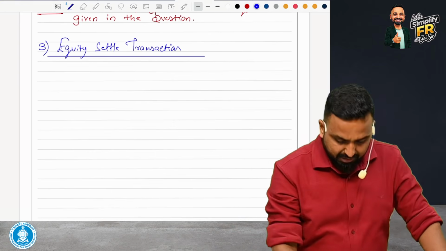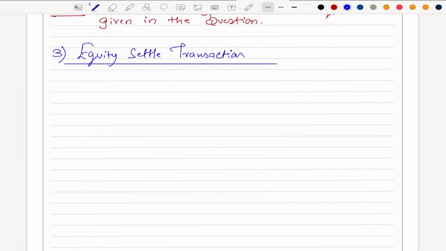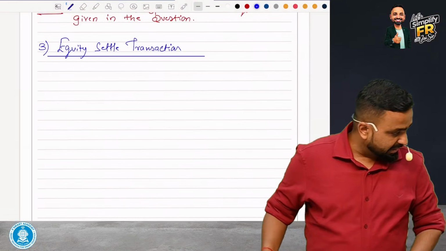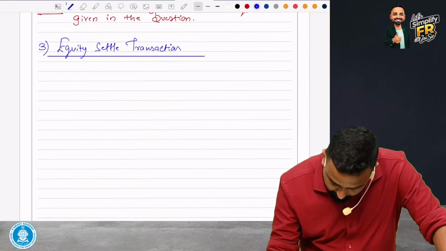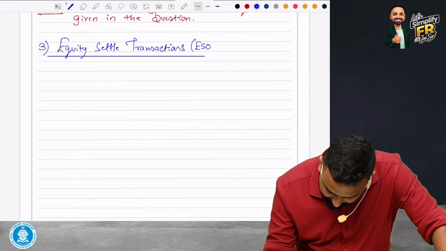Guys, just give me 1 minute. Alright, guys. We are starting equity settled transactions, meaning ESOP.